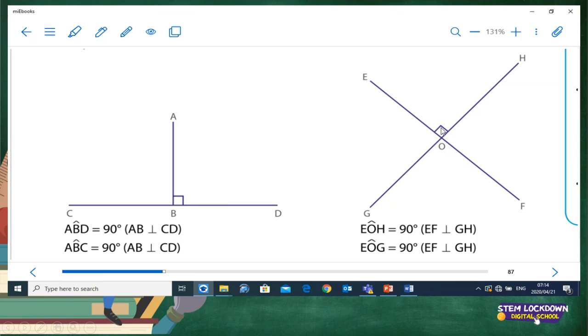You can see the small square there. That small square means that the size of this angle is 90 degrees. And what is the reason? The reason being EF is perpendicular to GH. That is our reason. EF is perpendicular to GH.